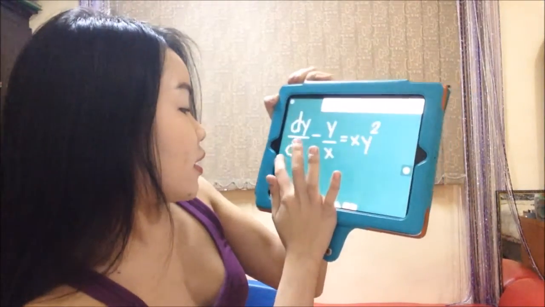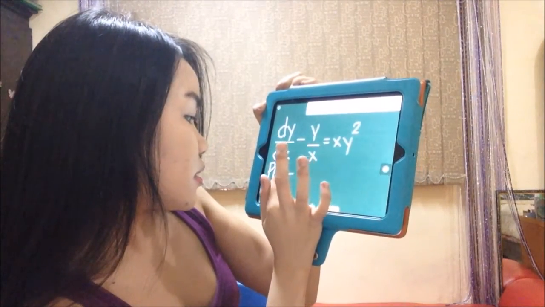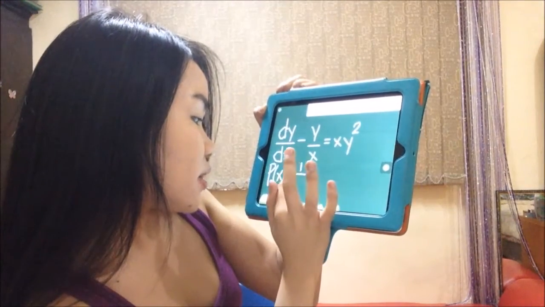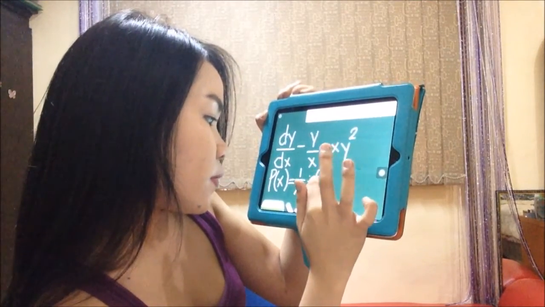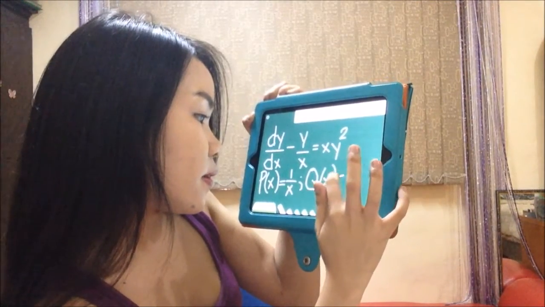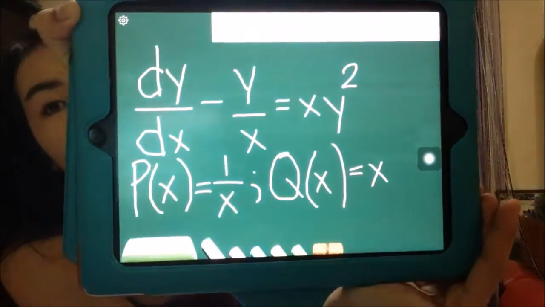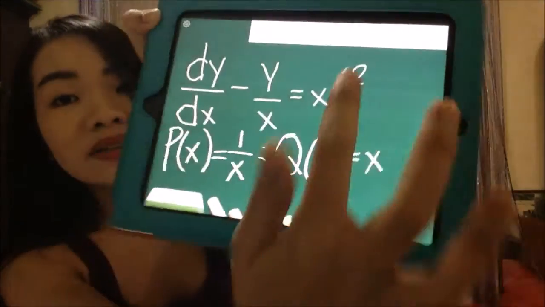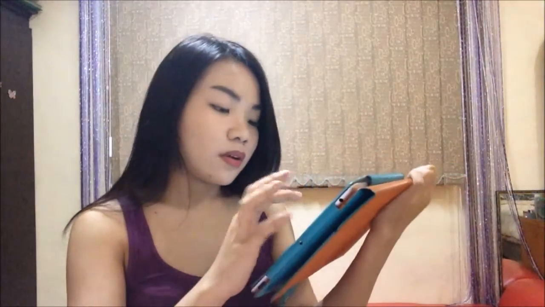The p function of x here is negative 1 over x, the q function of x here is x, and the variable n is 2 because y is raised to 2, y squared. So n is equal to 2.